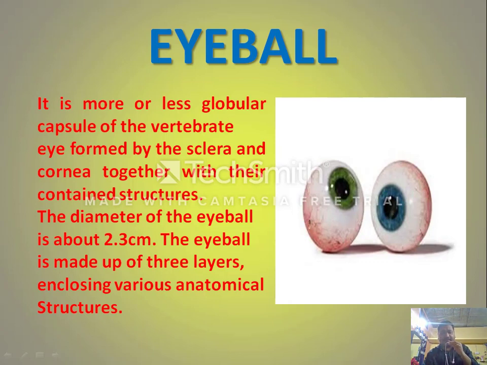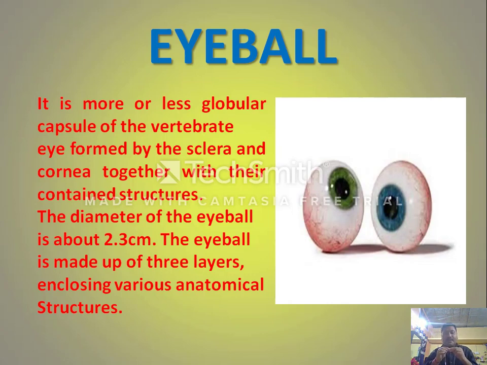When you look at someone's eye, you'll find the white part there. This white part is called the sclera. And on the sclera there is a bulge which is transparent and dome shaped. This is called the cornea. These two terms will be described and explained clearly later.